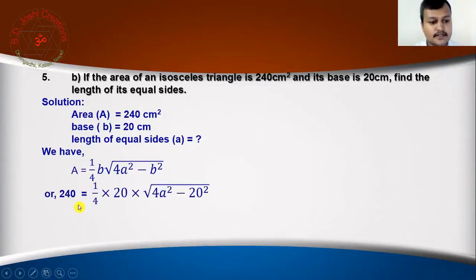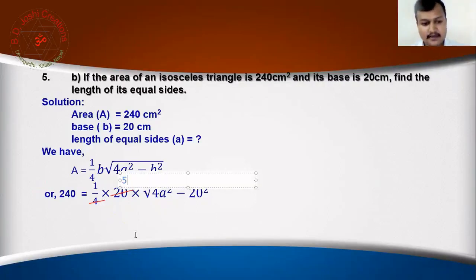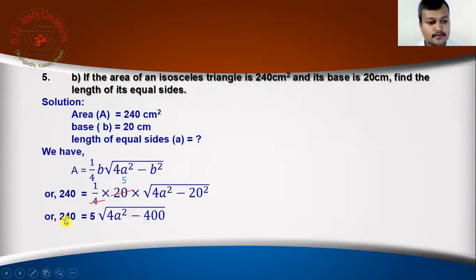The area is 240, so 240 is equal to 1 by 4 into b, which is 20, into root over 4a square minus b, again 20. If we cancel this 20 by 4, 4 fives are 20, and the remaining value is 5. And what is the value of the square of 20? 400, sir. It is 400. So 240 is equal to 5 root over 4a square minus 400.